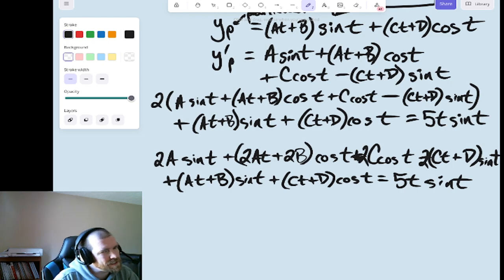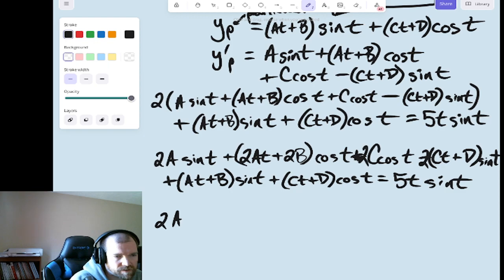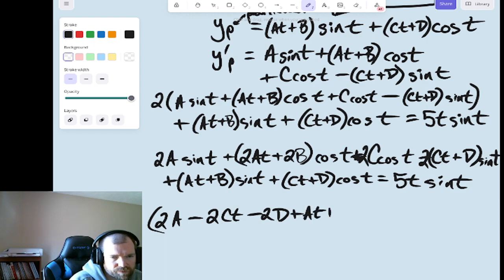Now if we organize things together, what we're going to see is that all of our sine of t's can come together to get us 2a minus 2ct minus 2d plus at plus b, all times sine of t.